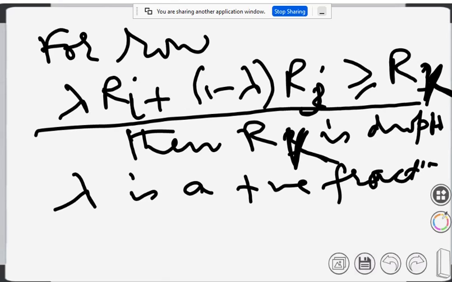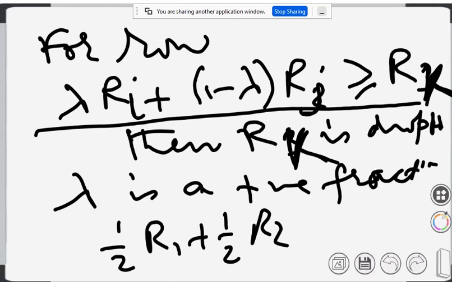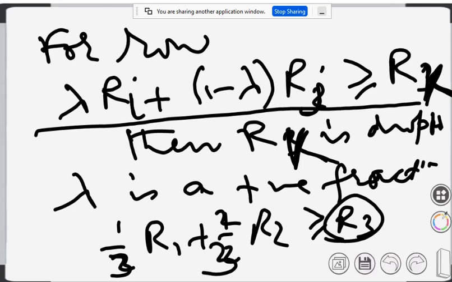Then rk is dropped, where lambda is a positive fraction. Something like half R1 plus half R2 is greater than or equal to R3, then R3 can be dropped. Or one third R1 and two third R2, like that.